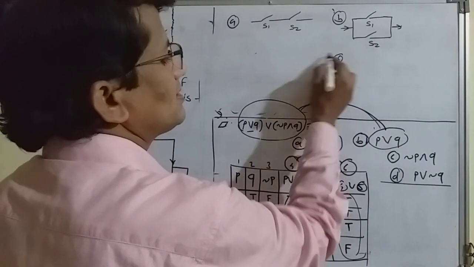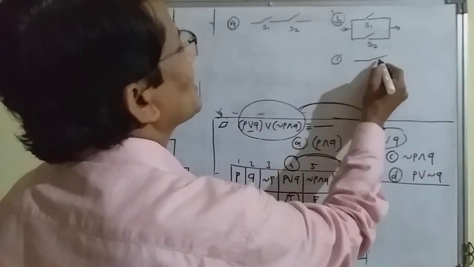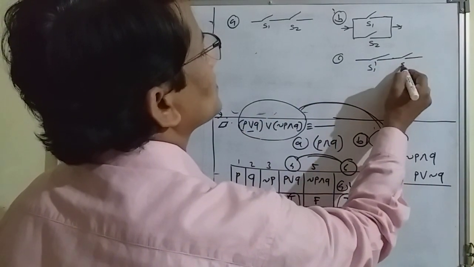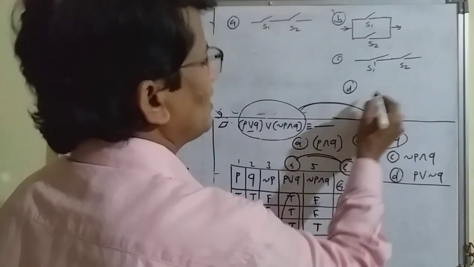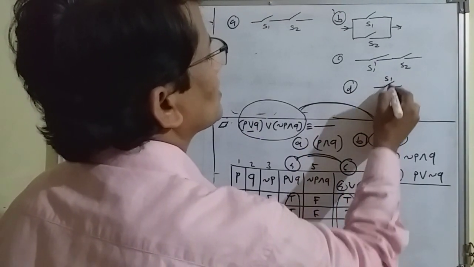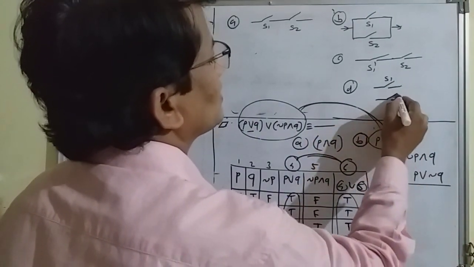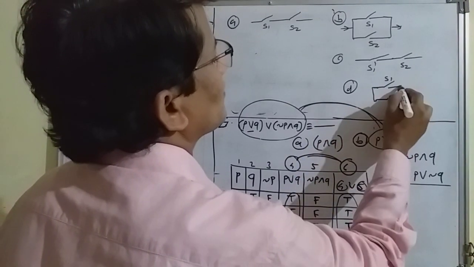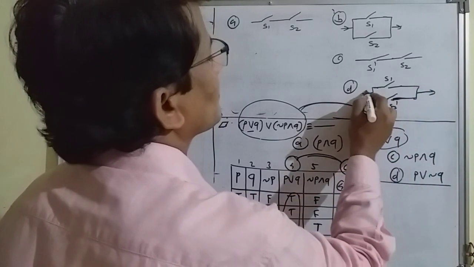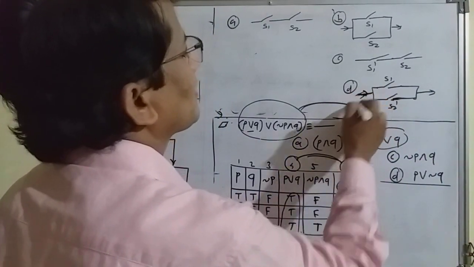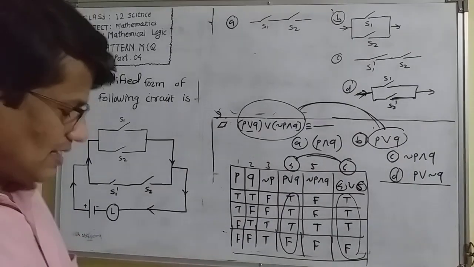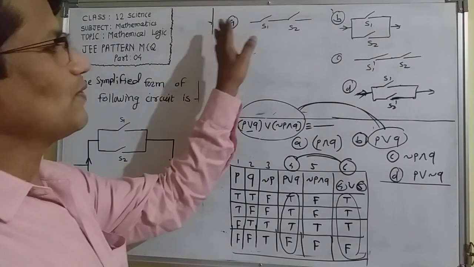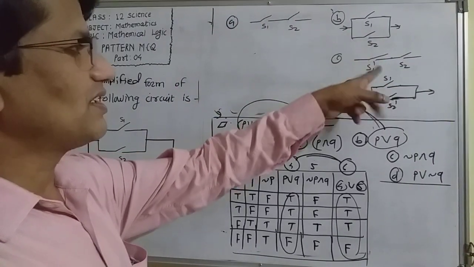Option number C is S1 dash and S2, and option number D is S1 or S2 dash. The same wire is connected like this. Okay. These are 4 options. Now just observe this circuit having 4 switches, and the simplified circuit will be one of the 4 options.